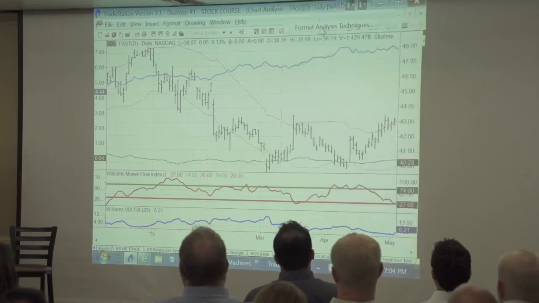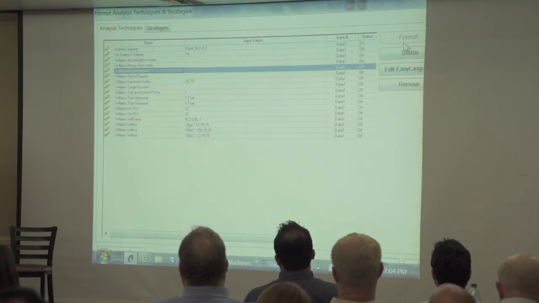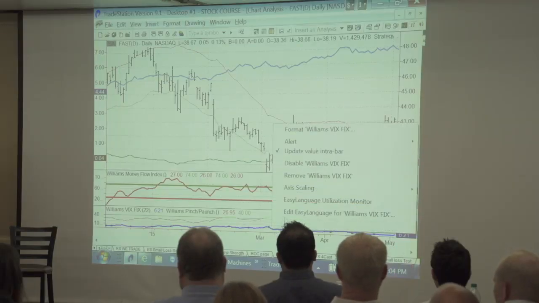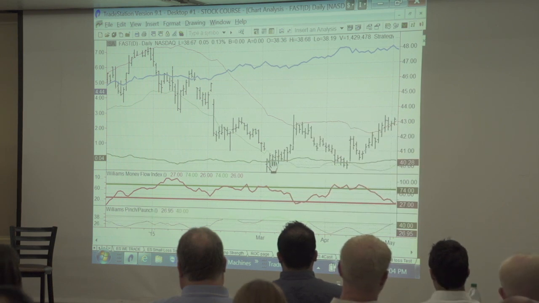I'll put ADX on for us if I can do that. Format analysis techniques, ADX, stitch punch. Now we have, take this line off. You can see we're getting above the green line area here, and we're closing below.